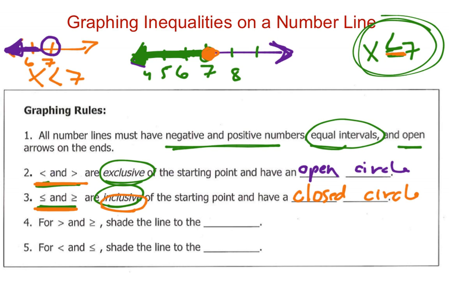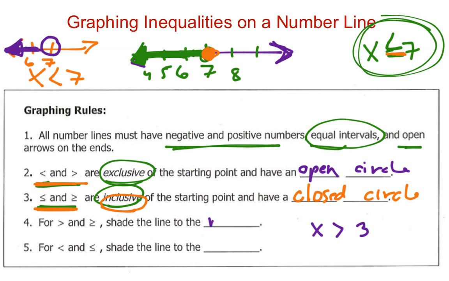So if we're including the point, we want a closed circle. If we're excluding the point, meaning it can't actually be equal to that integer or equal to that value, then we put an open circle. And then for the symbols, we know that we're going to either be shading to the left or shading to the right. If we have x is greater than 3, then we want the numbers 4, 5, 6, 7, 8, and so on.